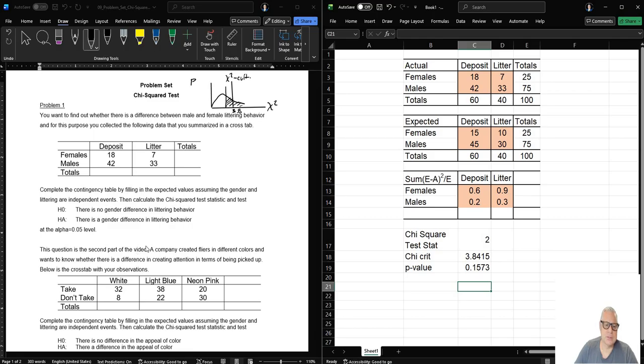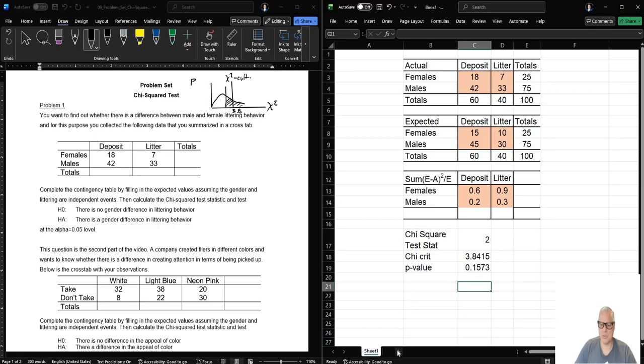There's still a chance that this actual observation comes from a scenario where there's actually no difference between the two.